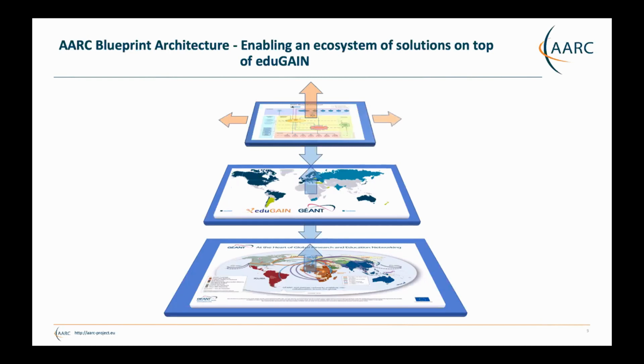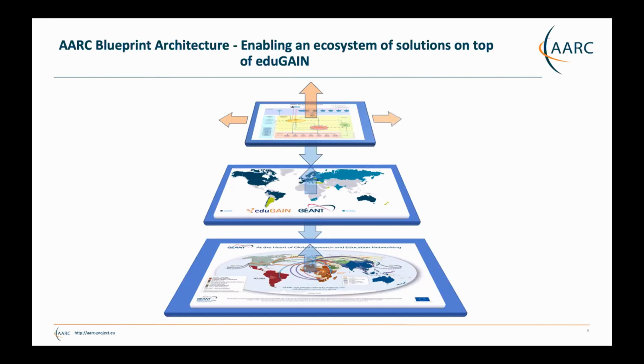The AARC Blueprint Architecture defines the key components for building an infrastructure in a scalable and secure way. These building blocks can be mixed and matched according to the community needs. This flexibility helps software architects and technical decision makers to build a customized solution for the research collaboration. EduGain and the National Identity Federations enable the federation of identities and services globally.